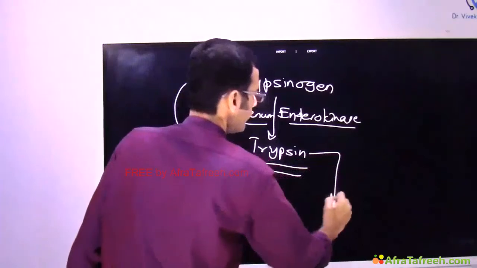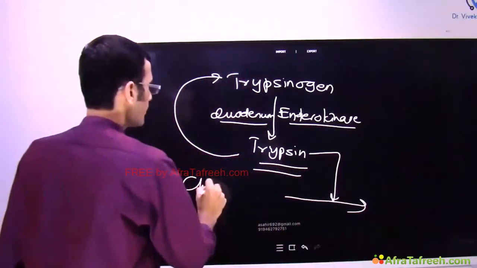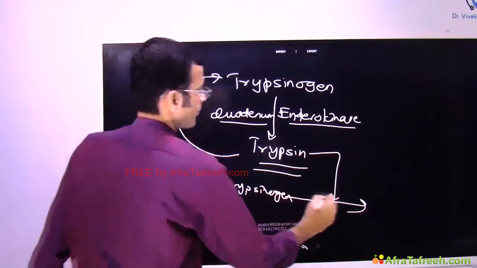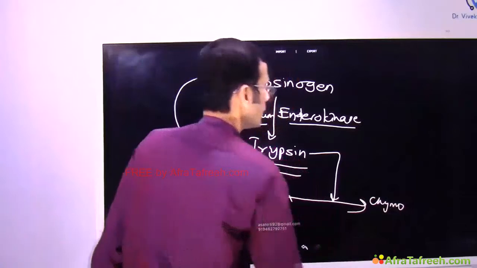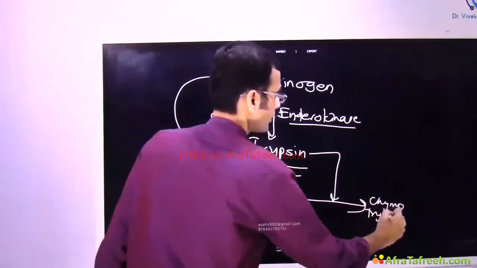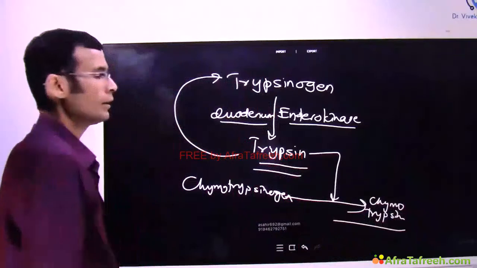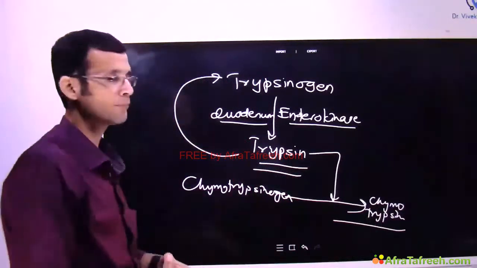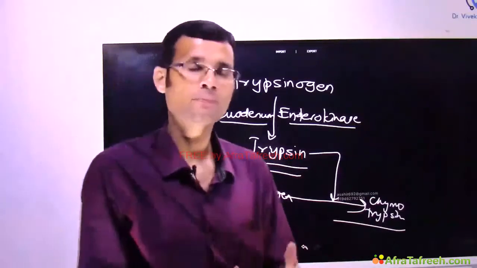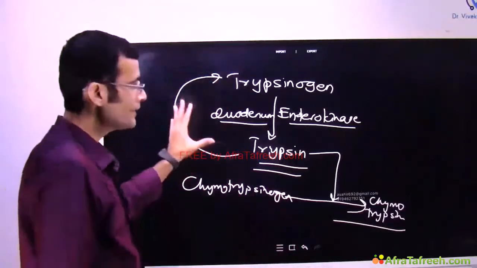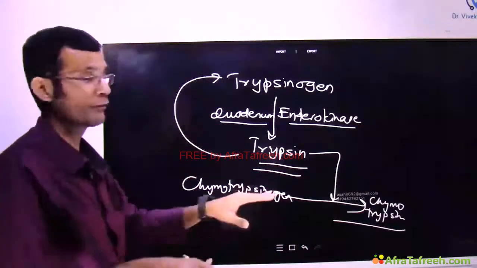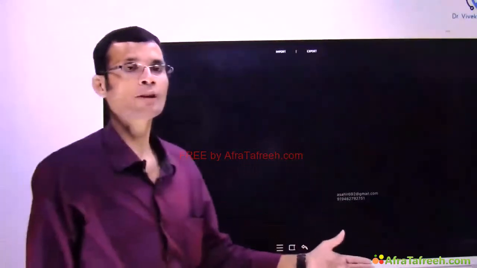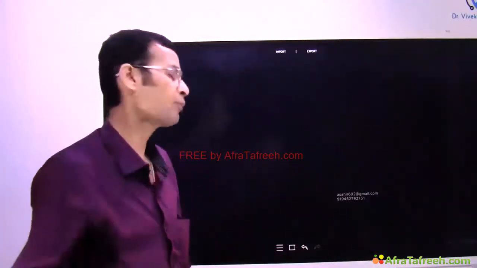Trypsin will then act on chymotrypsinogen to convert it into chymotrypsin. These are the important peptidases in the pancreatic juice. Aminopeptidase and carboxypeptidase are also peptidases required for protein digestion, but the former are the most important. Let me tell you the difference between trypsin, chymotrypsin and carboxypeptidase, aminopeptidase.